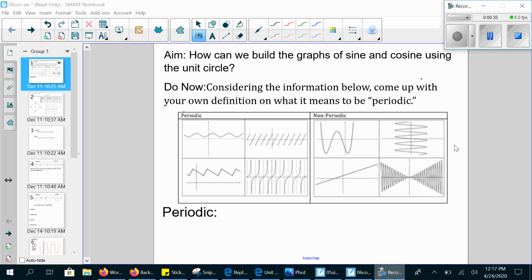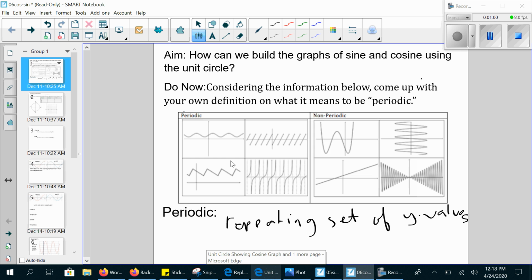Okay, so when we look at periodic graphs, we are looking at graphs that have a repeating set of y values or a repeating pattern. And by repeating pattern, I don't just mean that it repeats once or twice, I mean that it repeats over and over forever.